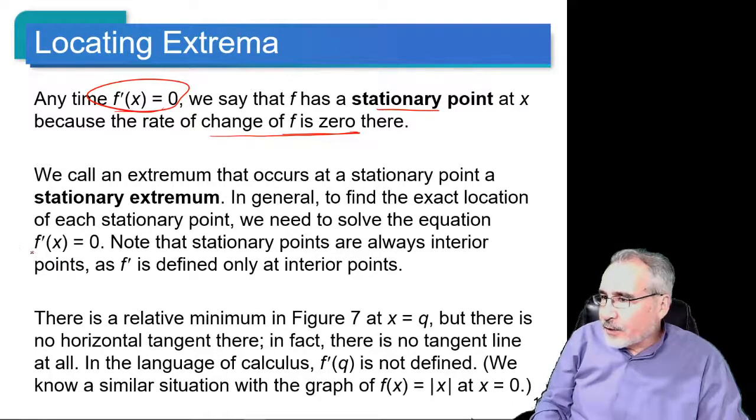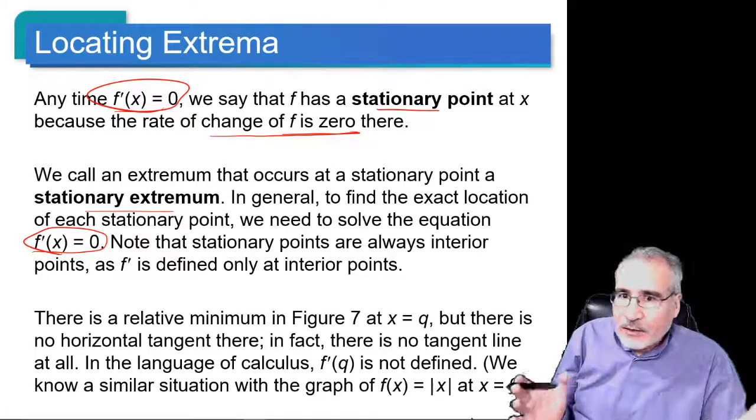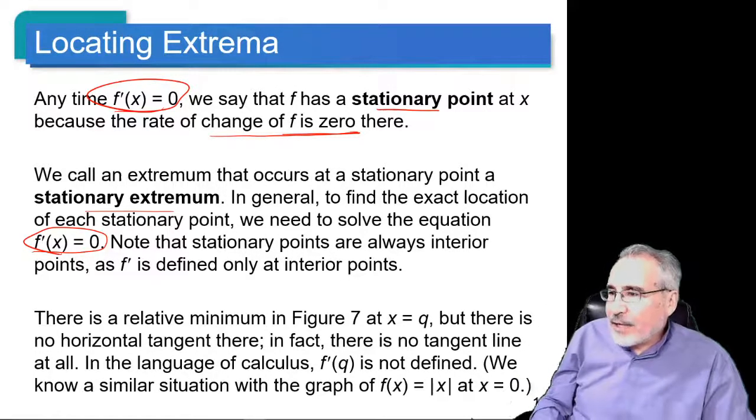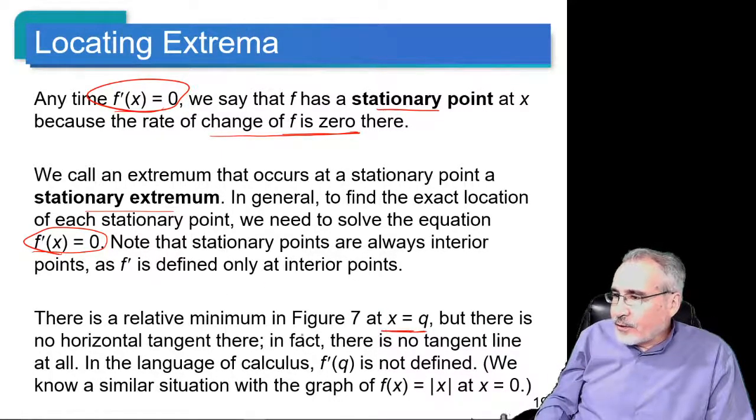So wherever the derivative is equal to 0, we get a stationary extremum, a minimum or maximum. And we'll look at some ways. Best way, look at the graph. Is it up or is it down? If we can't see the graph, we'll look at ways we can deal with that. Okay, and again, the x value gives us the location, and the y value gives us the value.